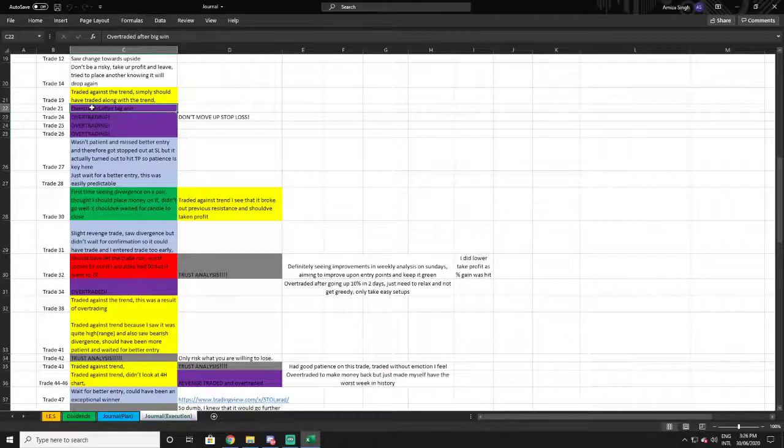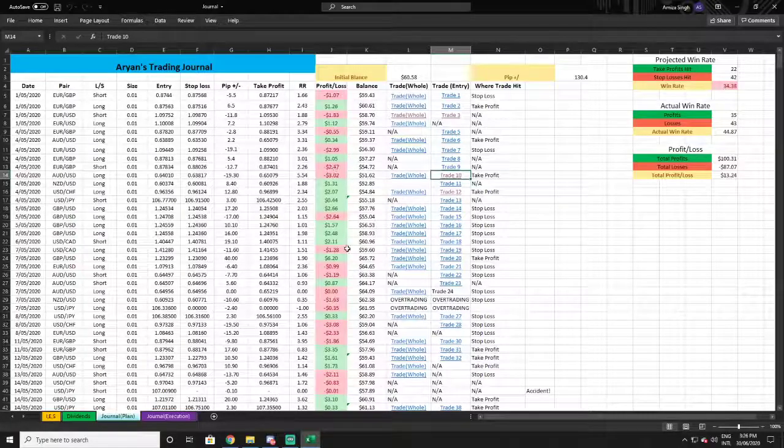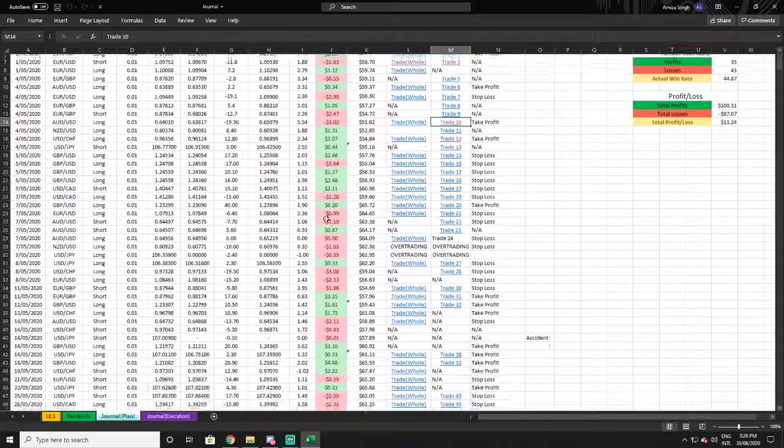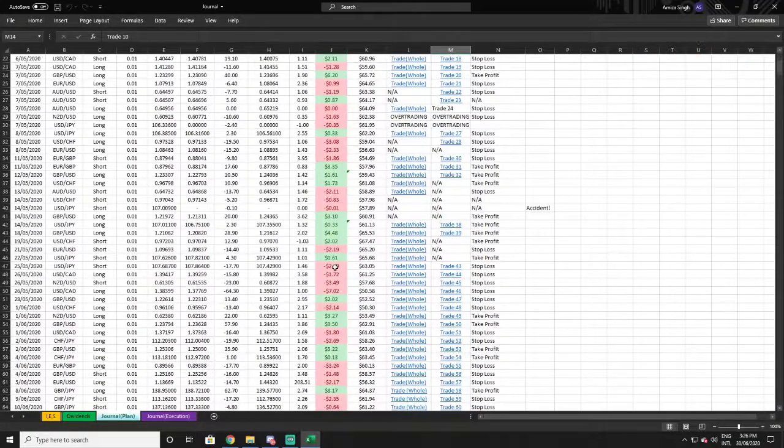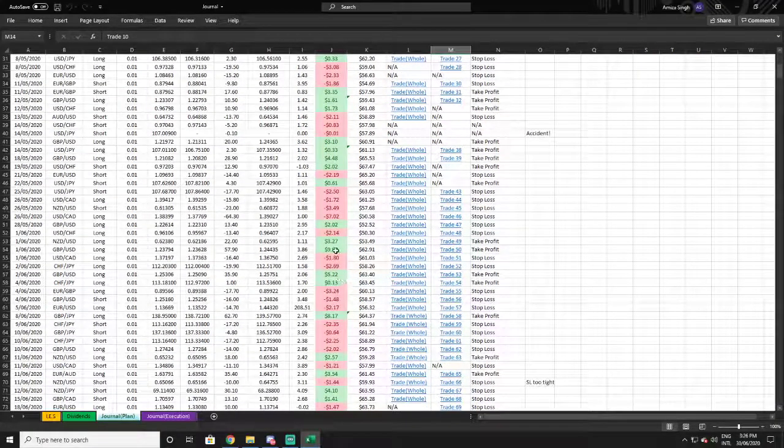Here, this was over trading after a big win. Let's see this big win. It was pretty bad, loss after loss after loss. I think it was here, this point right here.